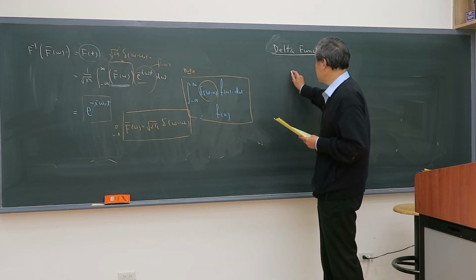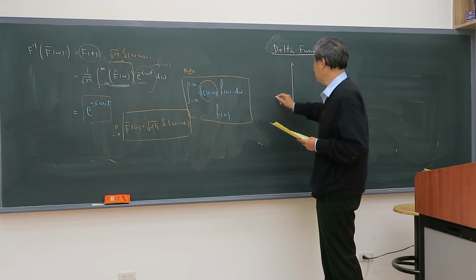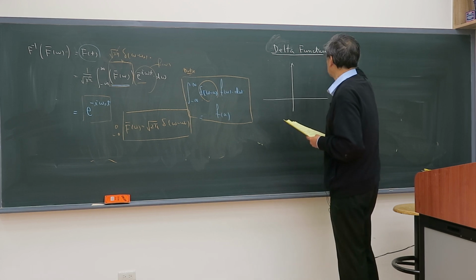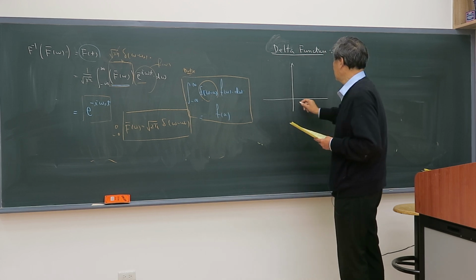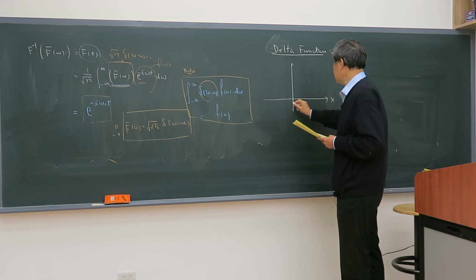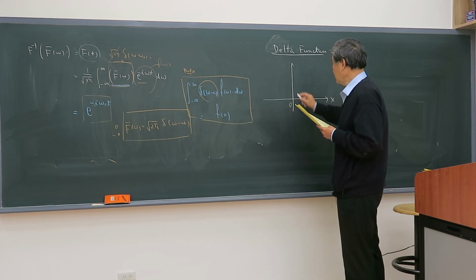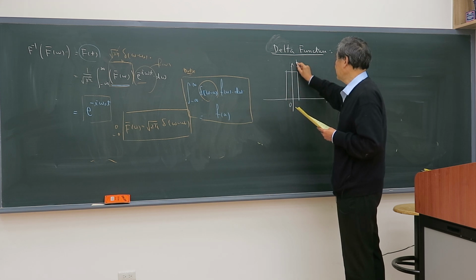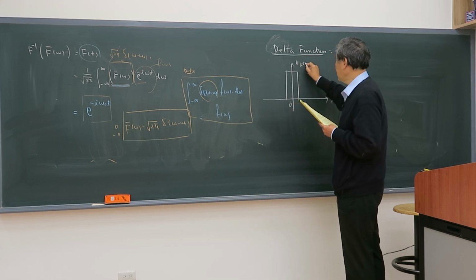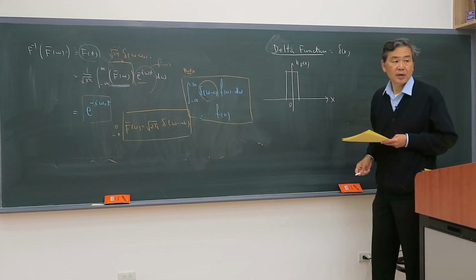The delta function is introduced by this kind of case. This is the x-axis and this is 0, and we define the function w_k(x).